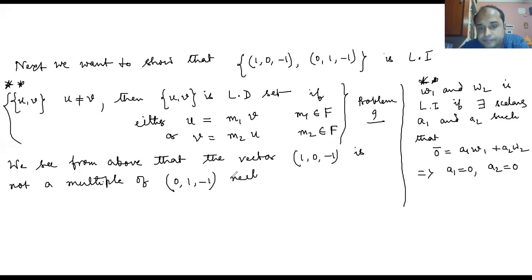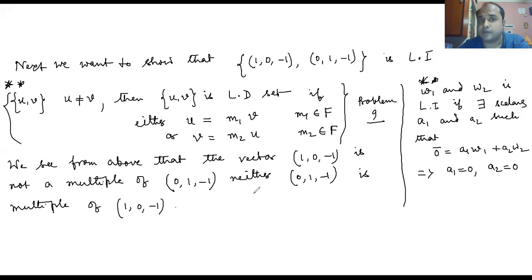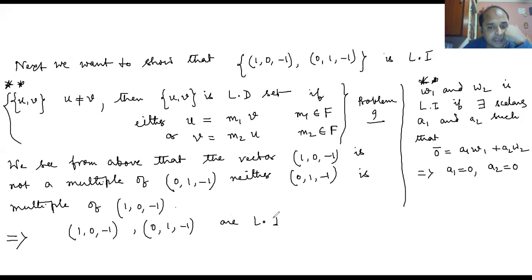Neither is (0, 1, -1) a multiple of (1, 0, -1). None of these is a multiple of the other, and therefore by this rule the vectors (1, 0, -1) and (0, 1, -1) are linearly independent.